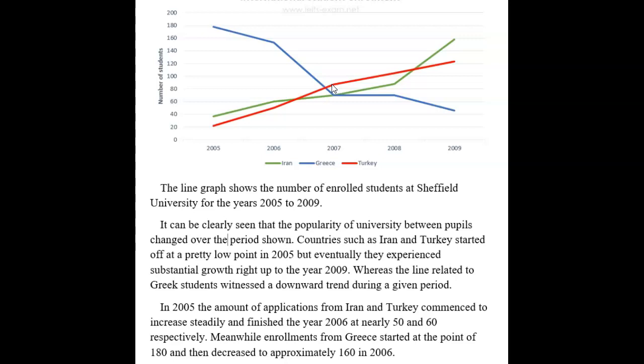So it's interesting to note here that now in 2007, suddenly Turkey, of the three countries, has the highest number of students at Sheffield. Okay. And then you can continue just saying that it continued to increase gradually. But this gradual, again, it's double this number.